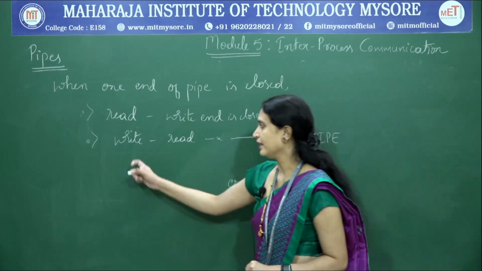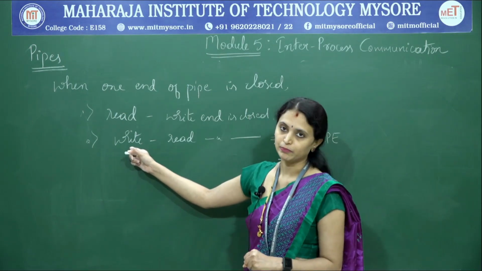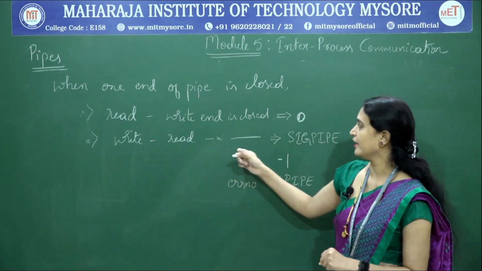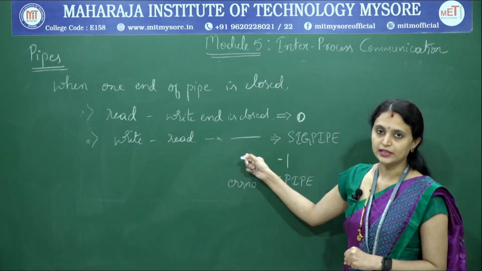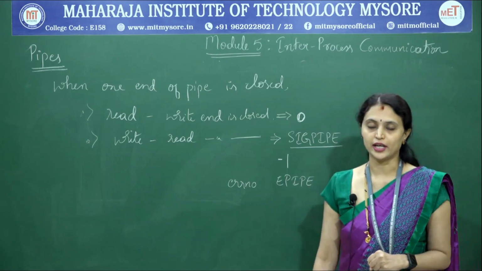Similarly, the second rule says that if we want to write into a pipe whose read end is closed, a signal called SIGPIPE will be generated.